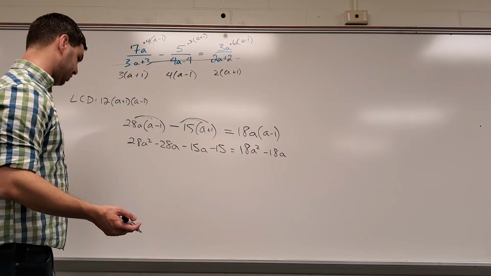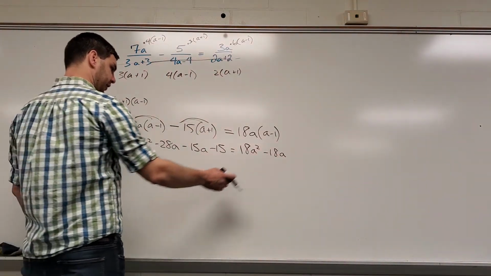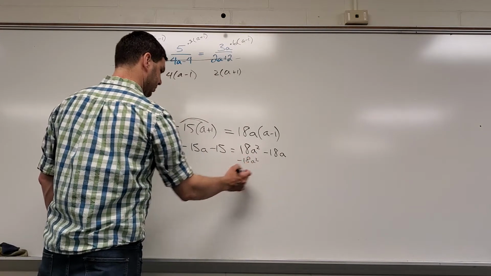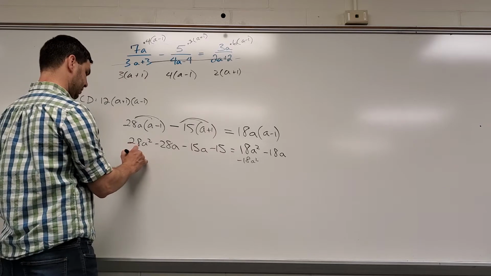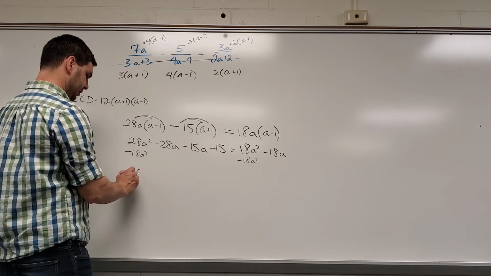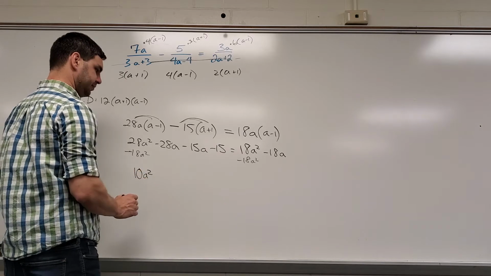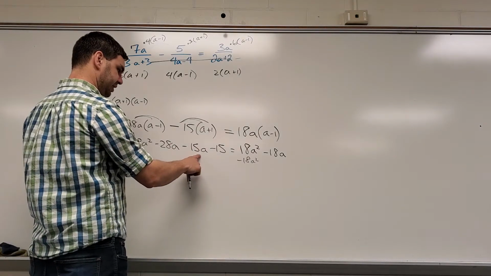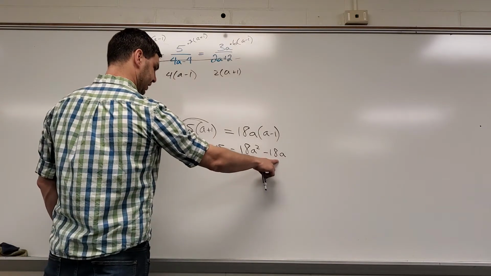Okay, let's see if we can put some of these things together. First off, if I move my 18a squared over by subtracting it, that leaves me with 10a squared. And then I have negative 28a minus 15a minus 18a.